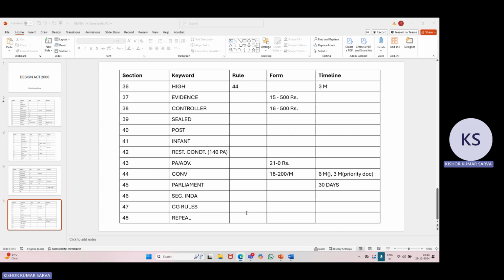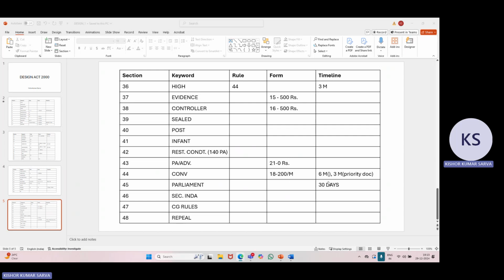Section 45 involves form number 18. I think I have made a mistake here, but we can consider this.